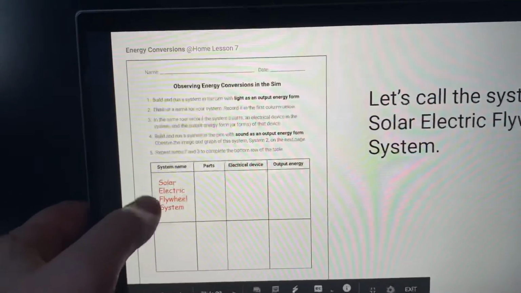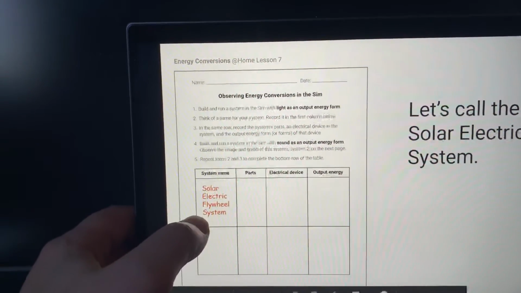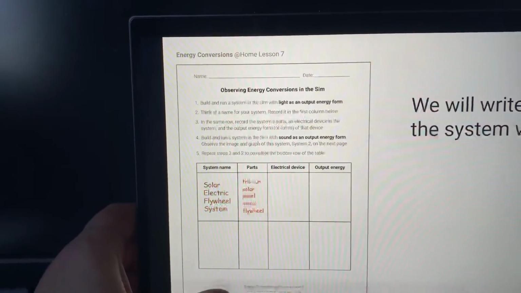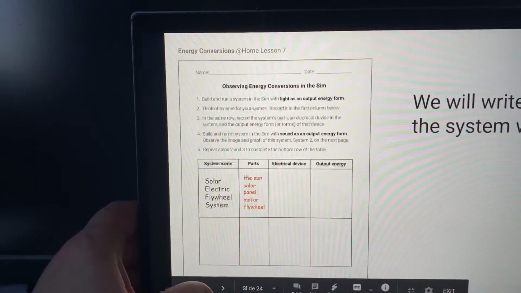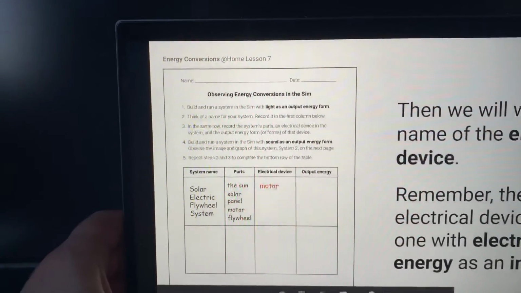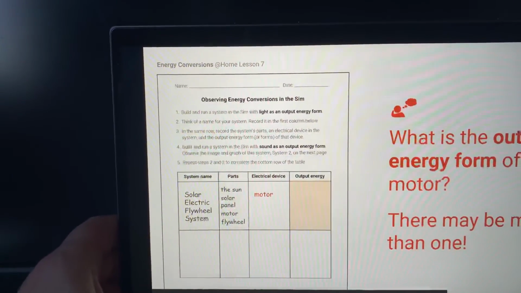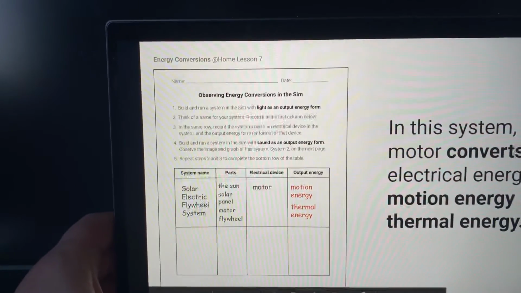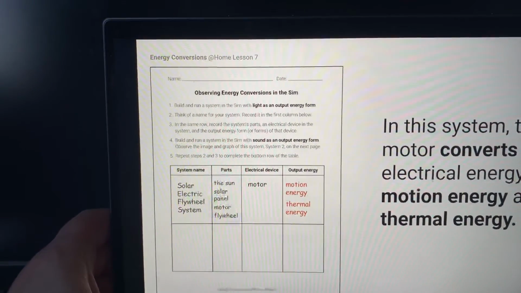So the system name is the solar electric flywheel system. We list the parts of the system: the sun, the solar panel, the motor, and the flywheel. The electrical device is the motor, and the output is motion energy and thermal energy.